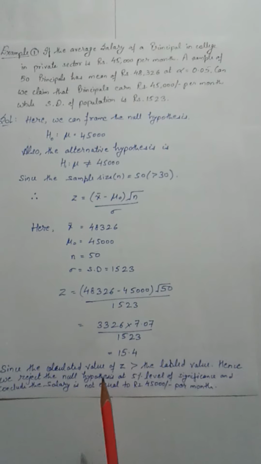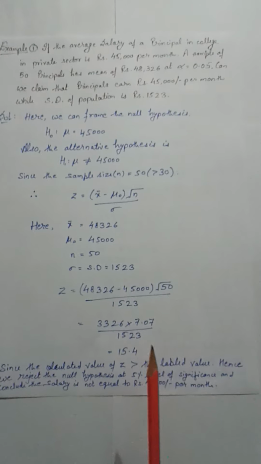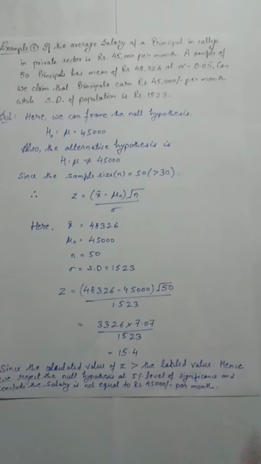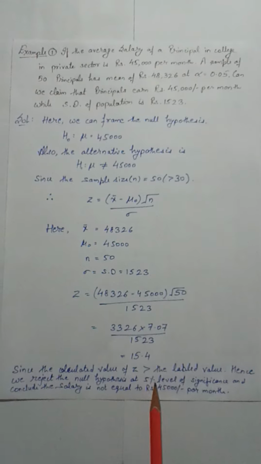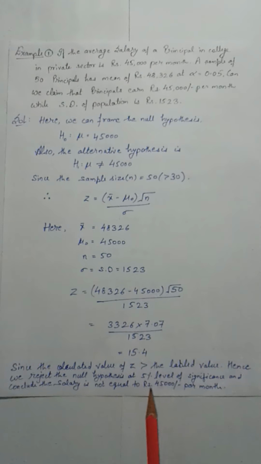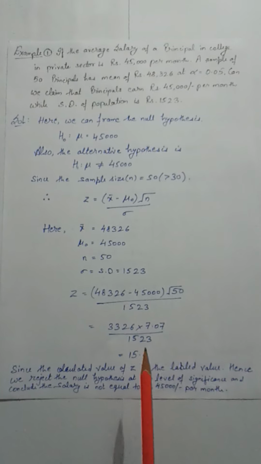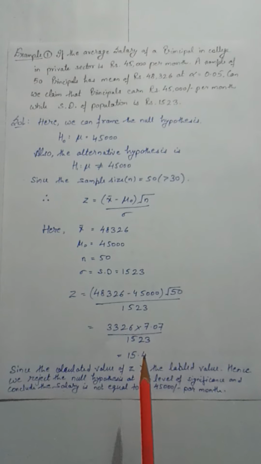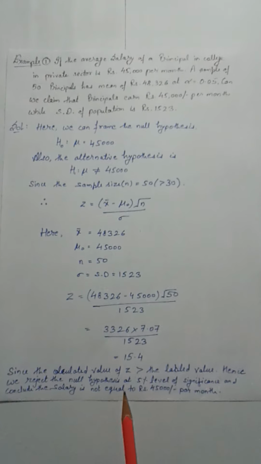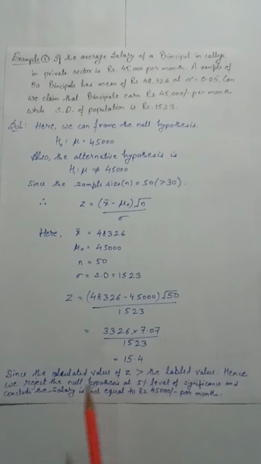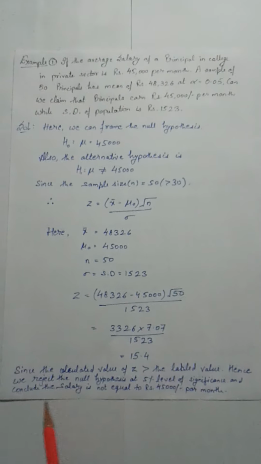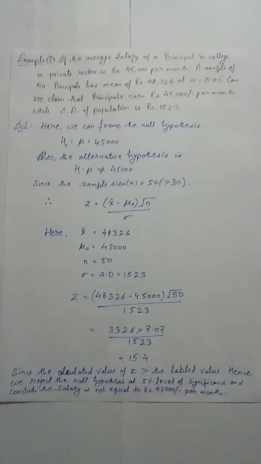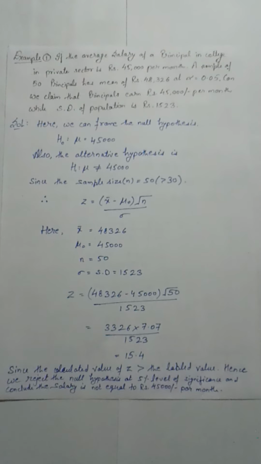Since the calculated value of z, which is 15.4, is greater than the tabulated value, 1.96, we will reject the null hypothesis, because the calculated value should be less than the tabulated value. So we reject the null hypothesis at 5% level of significance and conclude that salary is not equal to rupees 45,000 per month.